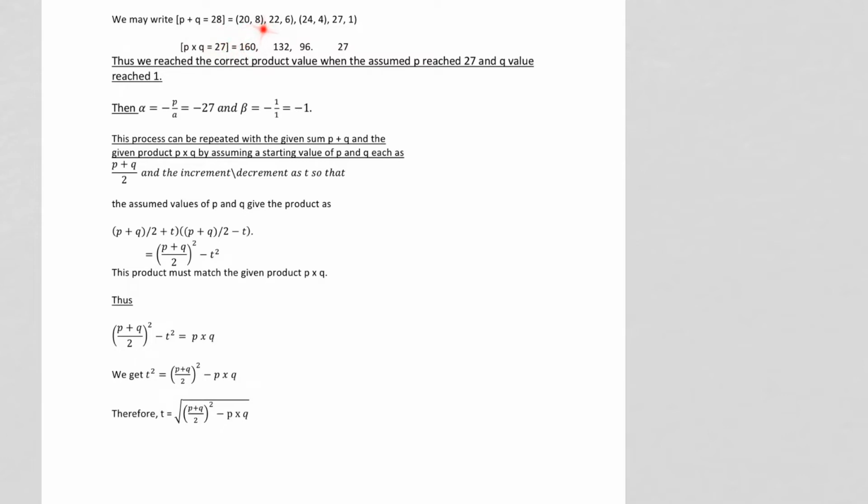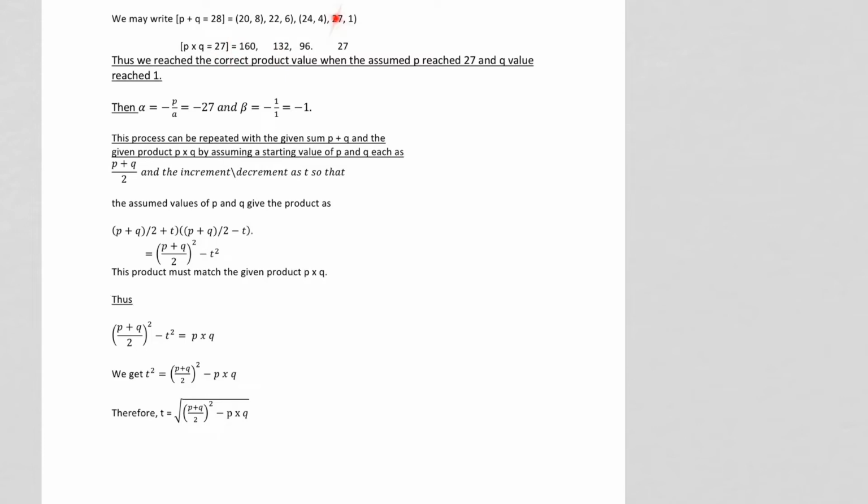Product of 20 and 8 is 160. Product of 22 and 6 is 132. Product of 24 and 4 is 96. So we discard these combinations of p and q. However, this combination of assumed p and assumed q gives us the product 27, which is the desired product.